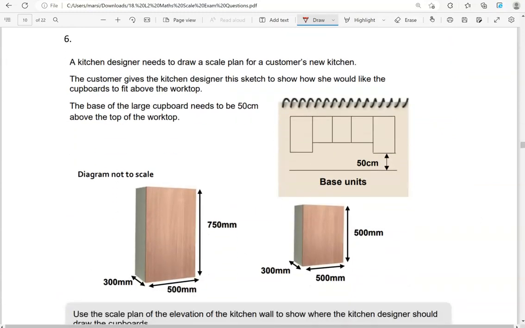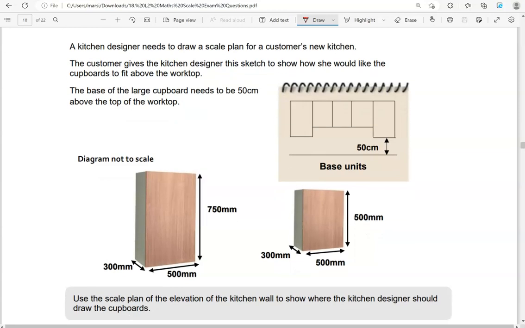The kitchen designer needs to draw a scale plan for a customer's new kitchen. The customer gives the kitchen designer this sketch to show how she would like the cupboards to fit above the worktop. The base of the large cupboard needs to be 50 centimeters above the top of the worktop. Use the scale plan of the elevation of the kitchen wall to show where the kitchen designer should draw the cupboards.